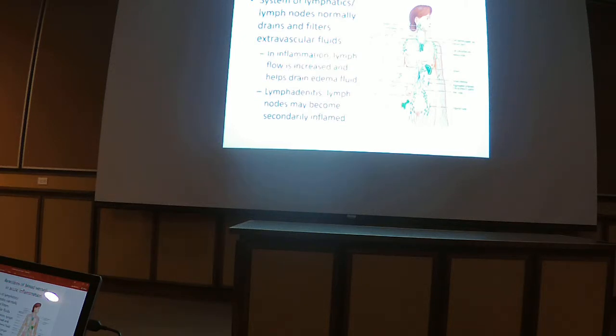But in terms of a vacuum cleaning function, it'll suck up this excess fluid, and it'll travel back through the lymphatics and return to the circulatory system. I say all that to say that in inflammation, as you can imagine, lymphatic flow is increased because you have delivery of all of this stuff into the tissues, right? So lymphatic function, the vacuum cleaner, is increased in terms of what it's trying to do.